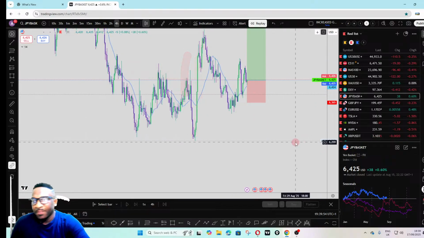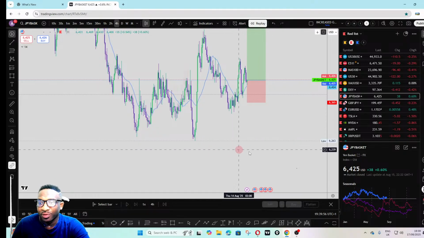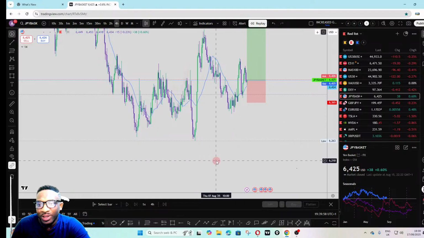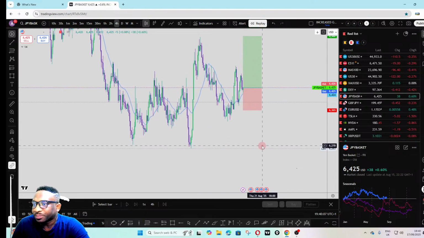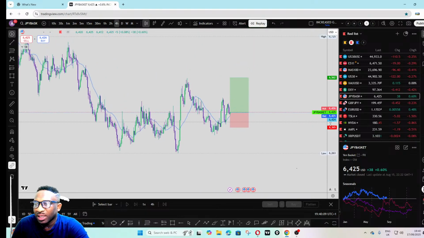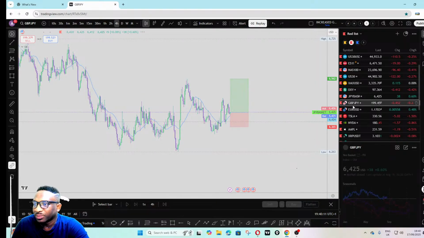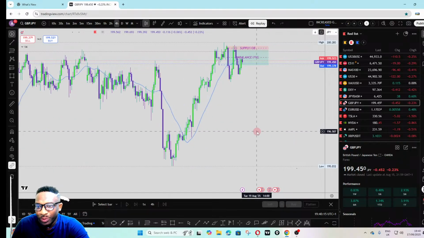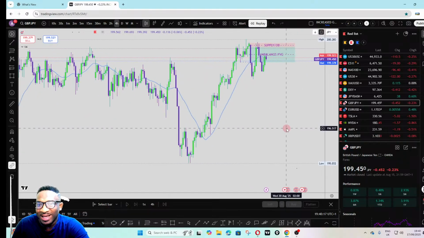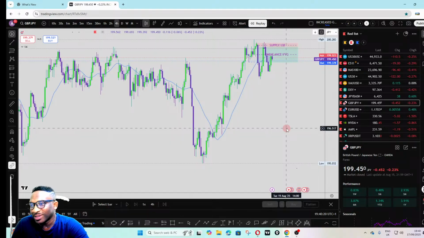So guys, price moves from one area of liquidity to another, and along the way it will clear all these imbalances. So let's always read our charts with understanding, understand what you're doing, understand where price is at. That's why I always tell us that before we take a trade, we ask ourselves three questions.